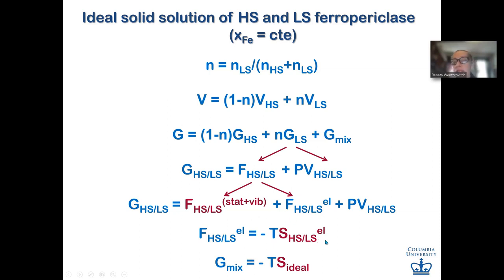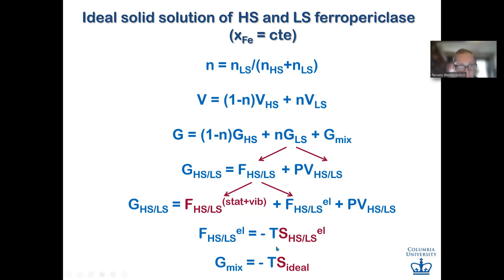And this electronic entropy, or magnetic entropy, comes from the fact that in the high spin state, S equals 2, the iron has 2S plus 1 possible orientations, and the minority electron can enter one of three orbitals, the t2g orbitals, xy, yz, or zx, right?